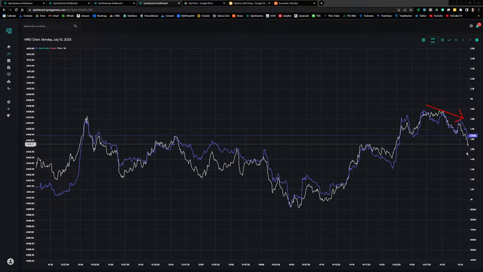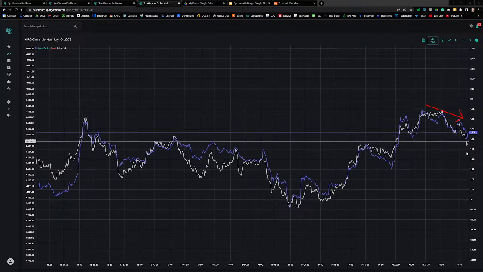And then Hero is showing me what they're actually doing, how they're reacting to options trades today. And then Bookmap, of course, is showing me the true order flow.